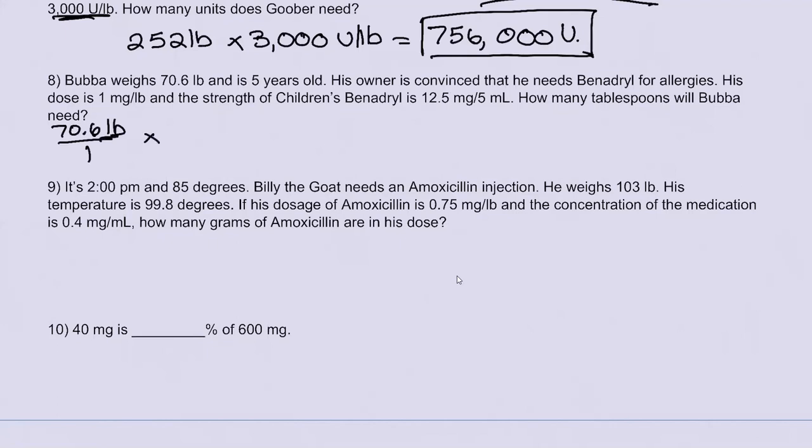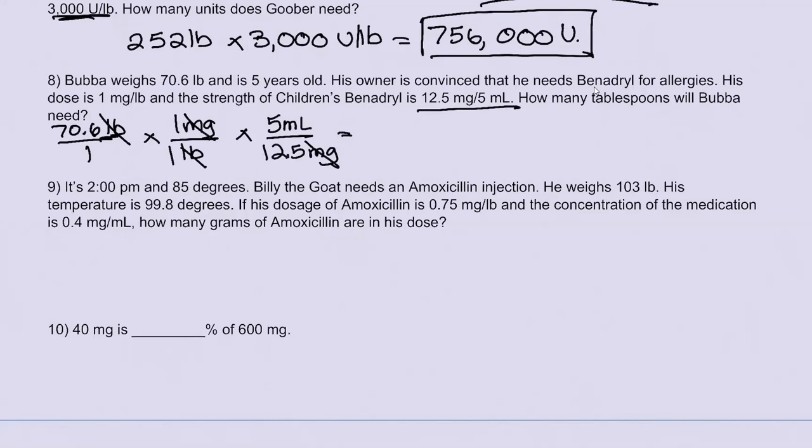And he can have 1 meg for every pound. So that'll get rid of your pounds there. And let's go ahead and put this one in there. We'll just figure that into the next so we don't have to bother with it later. So for every 5 mils, there is 12.5 megs. I can get rid of those units, multiply across.